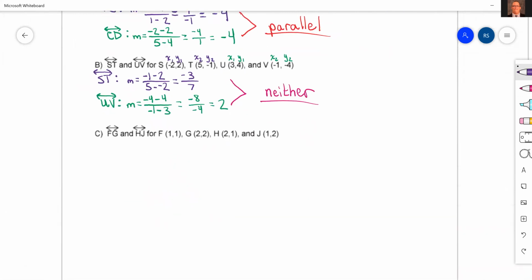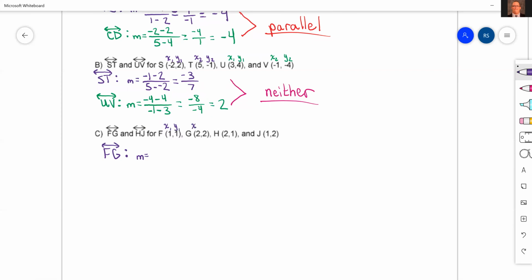Okay. Last one for the notes. We're going to have to find the slope of FG. So that's going to be x1, y1.